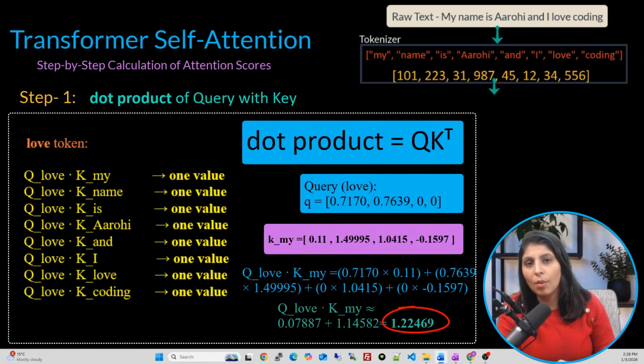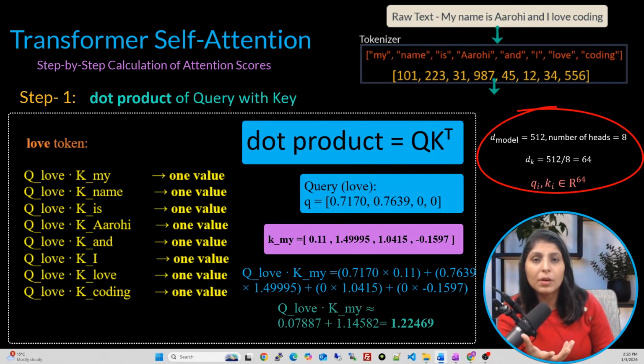So guys, there is one problem. When the size of query and key vectors is large, what defines the size of query and key vector? Remember DK, I have told you, see here. This is how we got the DK. DK means how many columns you are going to have in each query, key and value vector. So how many numbers you are going to have depends upon the value of DK, right?